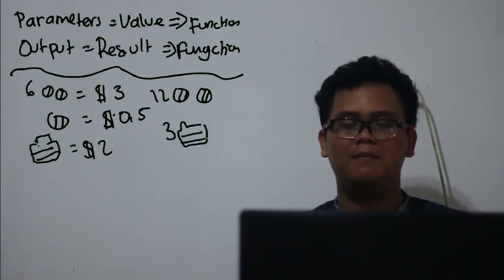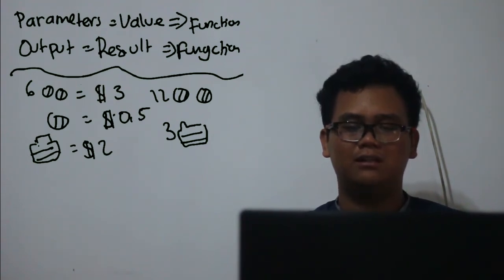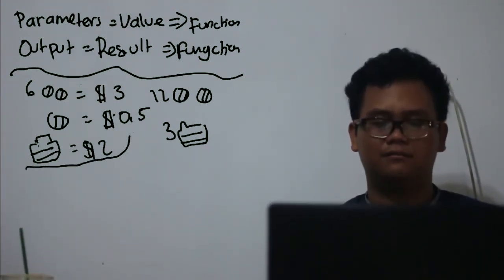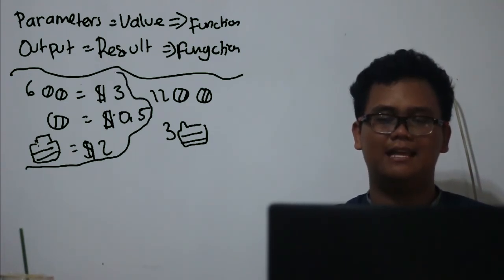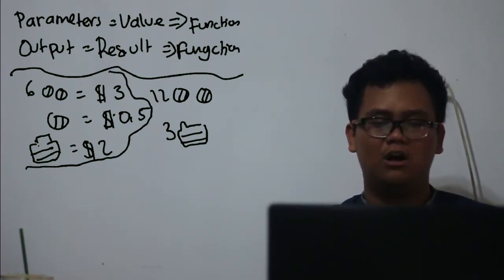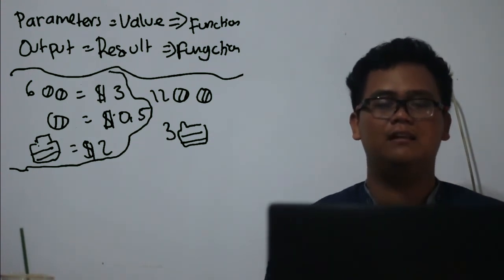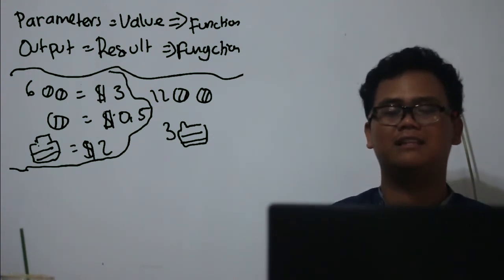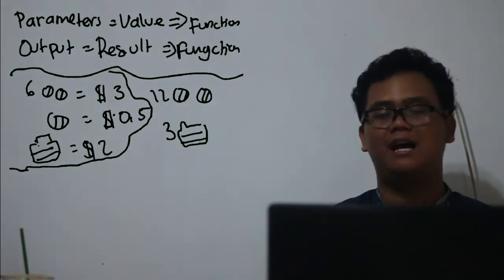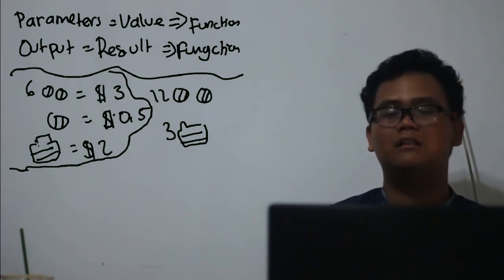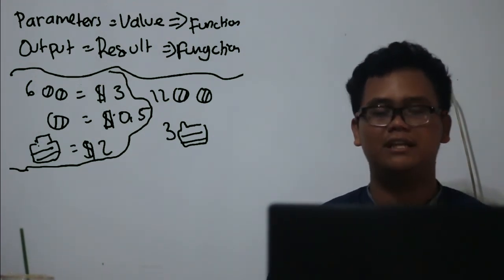This is what I call the parameters. The price is the parameter: 1 coffee costs $2 and 1 drug costs $0.5. And I want 12 drugs and 3 cups.